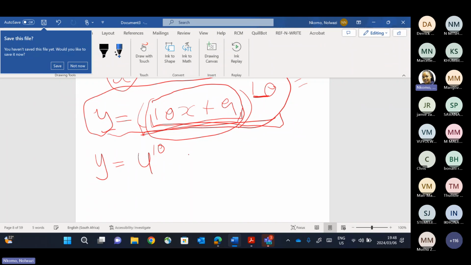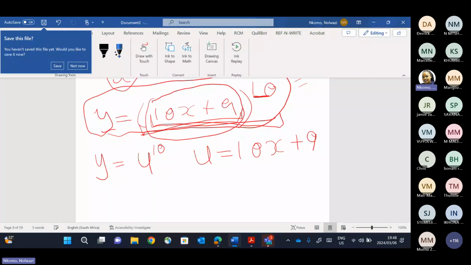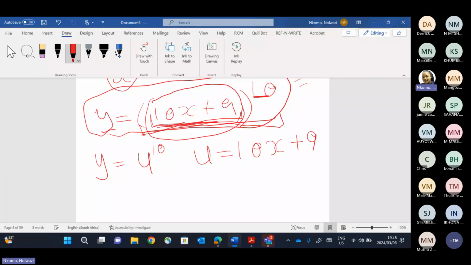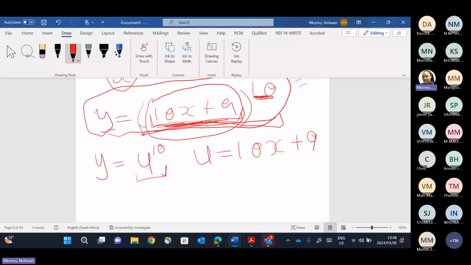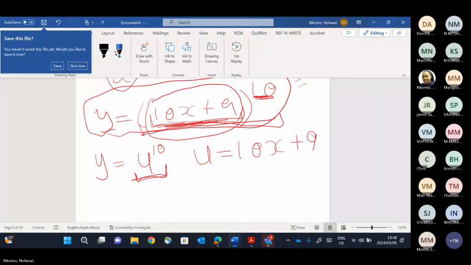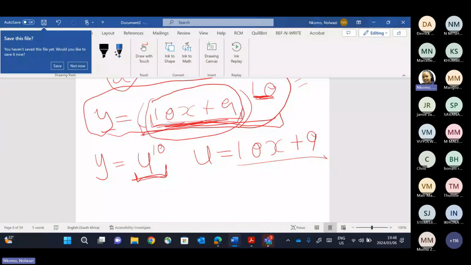We said your u is equal to 10x plus 9, right? You have an inside function and the outer function, right? From here, we can use rule 2, and we can use another rule here, rule 2. It's easy if you separate them like this.